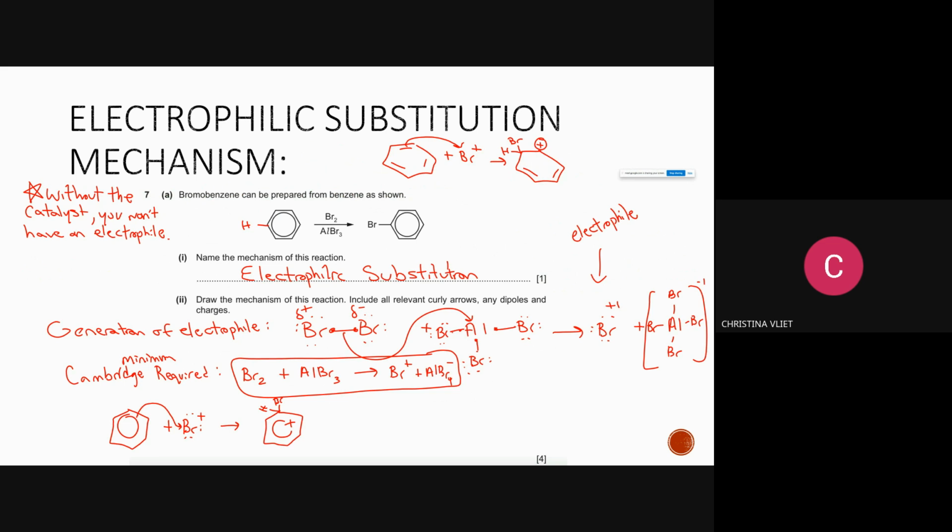And so now, in the intermediate step, you bring back in your AlBr4 minus. And what happens is the following. Pay careful attention. 2 of the electrons on a bromine come in and grab, what do you think?